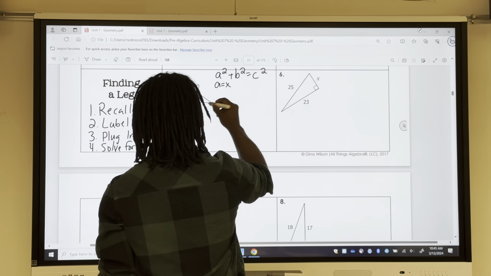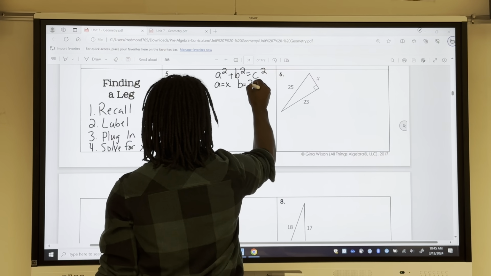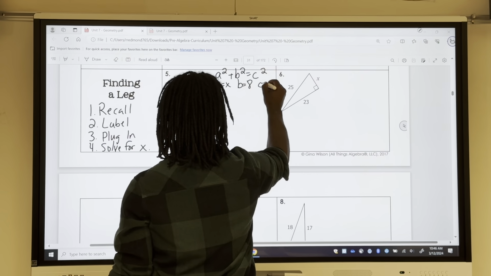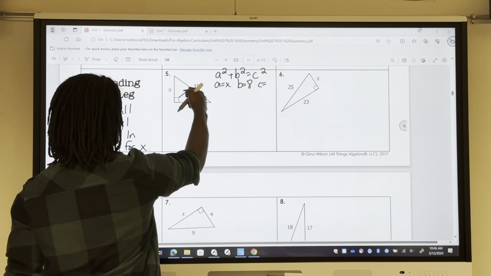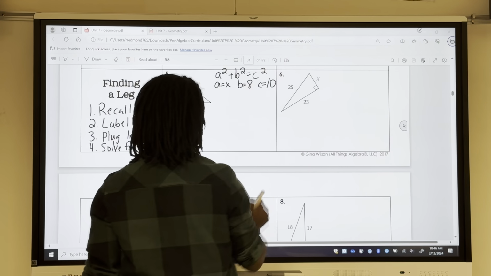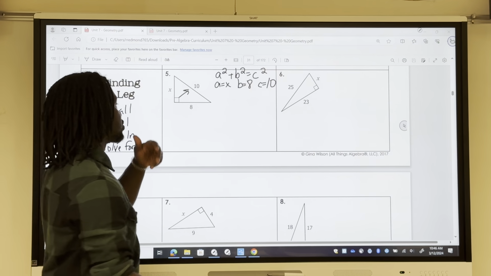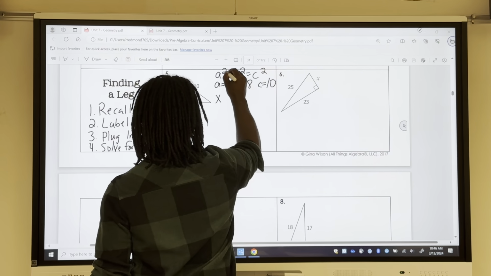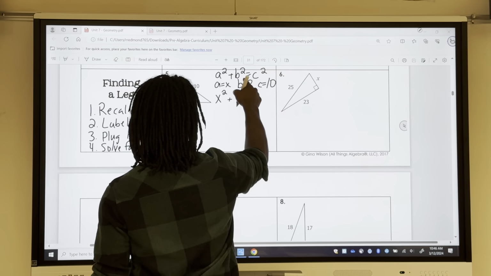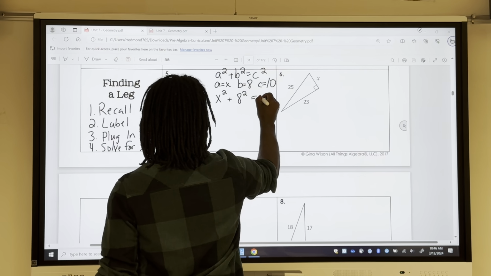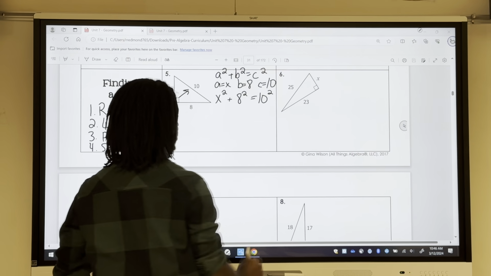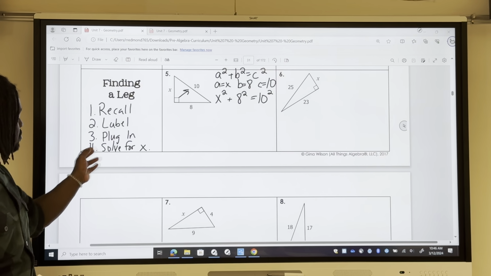So a is x, b is 8, and c is the one that is across from the right angle, so that is 10. Then I'm just going to plug these in. We got x squared plus b squared equals c squared. So we solve for x.